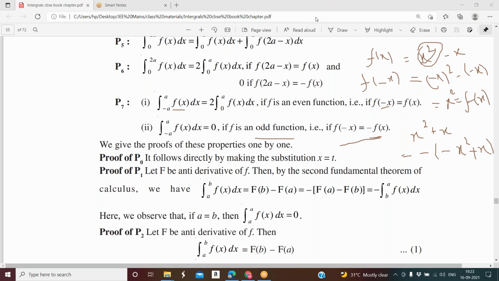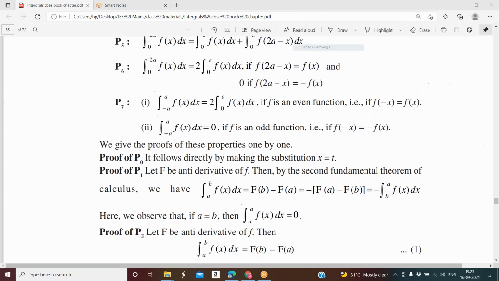Let's take another example. F of x equals x cube. If we replace x by minus x, what will we get? Minus x the whole cube, right? What is minus x the whole cube?